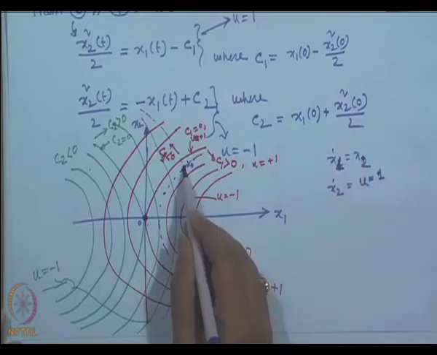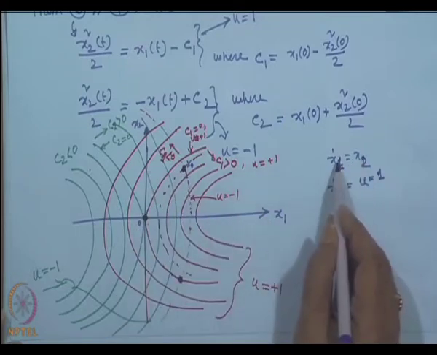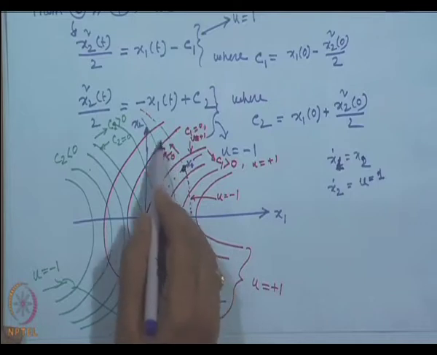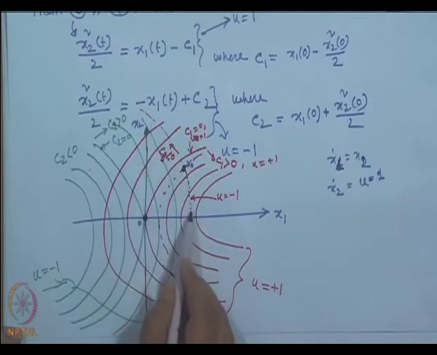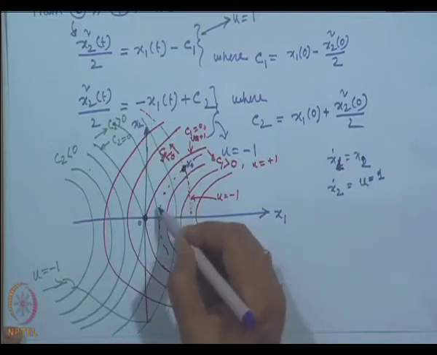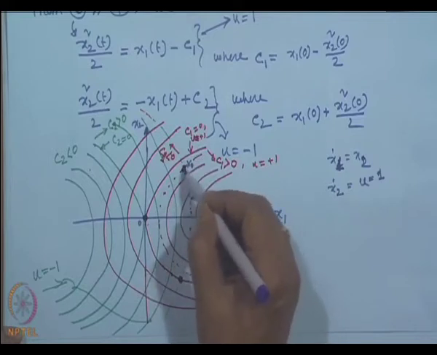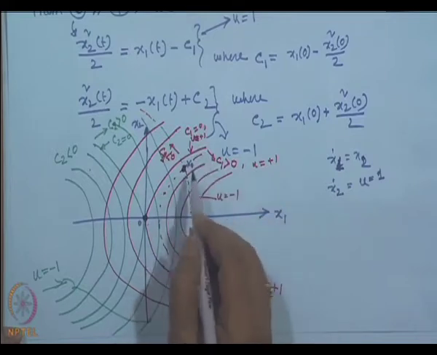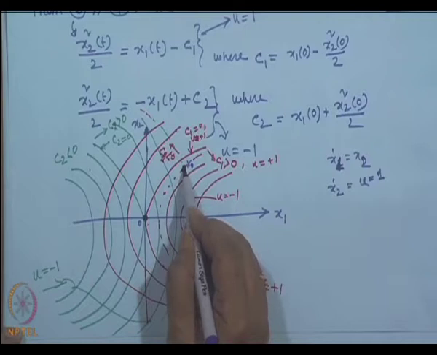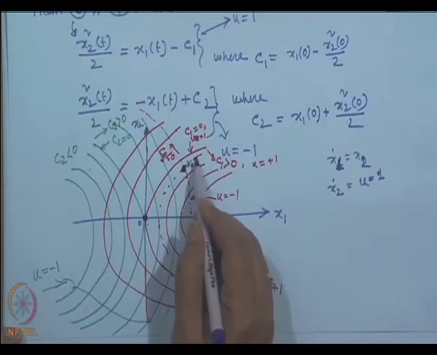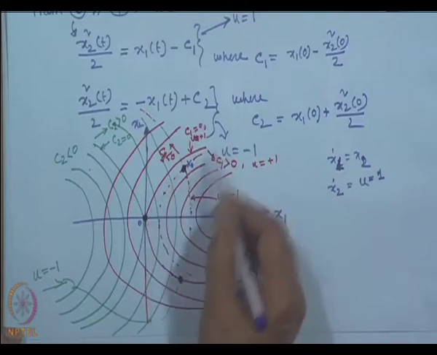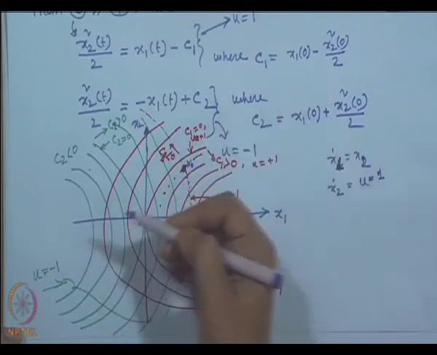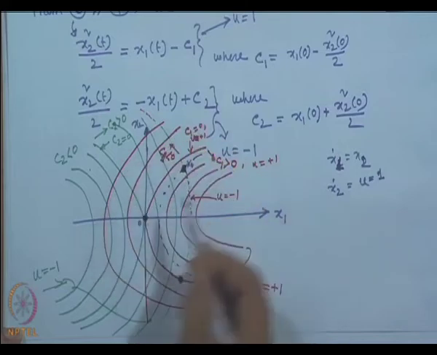When x2 is positive, x1 should increase. So this point may lie on this parabola. I am telling you, suppose it is lying on this parabola, so x1 should increase. It will go this way, going away from the origin, because we have to drive the state towards the origin.